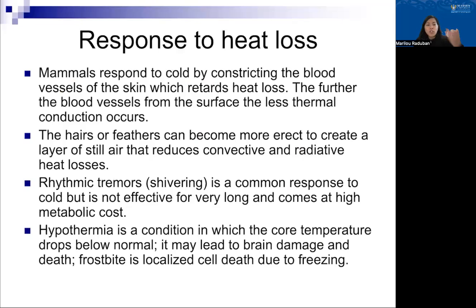Either they want to encourage heat loss when they're about to heat up, in which case it will be the opposite. Instead of constricting, the blood vessels expand and go close to the skin to encourage heat loss by convection and conduction. But when the mammals are cold, the blood vessels constrict to prevent heat loss by convection or conduction.